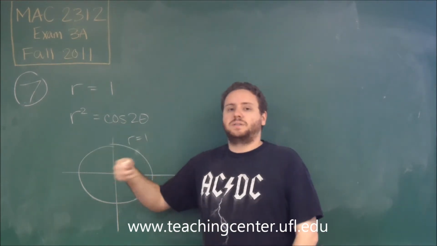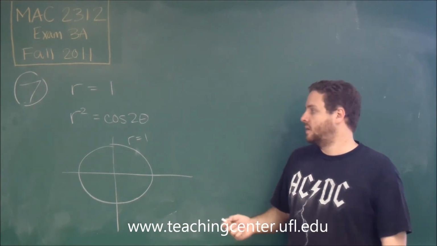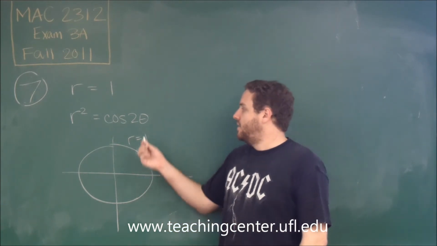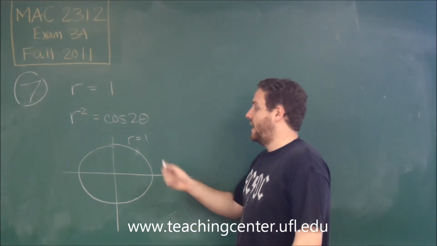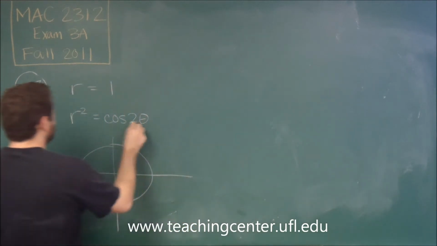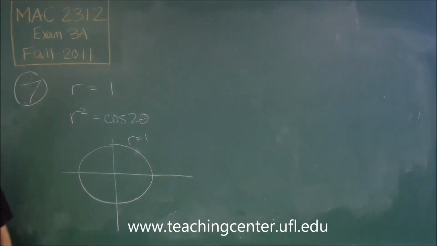But the difference between the cosine and the sine version of that is in which orientation the roses are. So just like in your typical four-leaved roses and things like that, the cosine version has leaves along the axes. The sine one has leaves that are tangent to the axes.